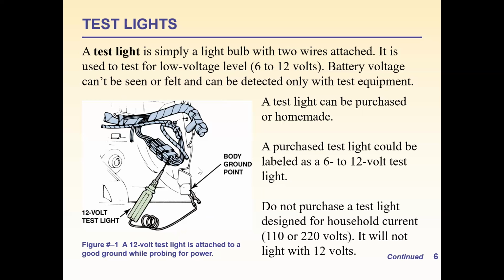Because ground is necessary in order to complete this electrical circuit. If we do not connect this other terminal to the ground, the electrical signal will not be sensed by this test light. So it becomes very necessary to connect the other end to the ground. Okay.